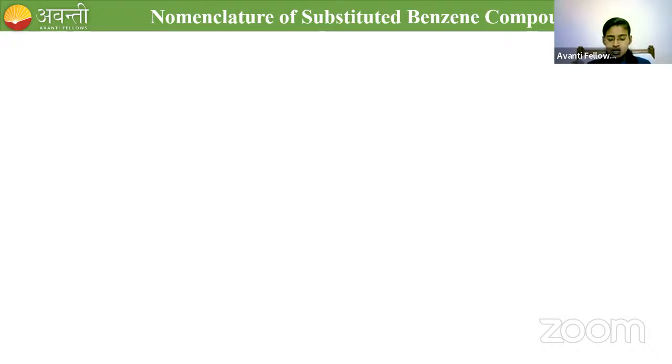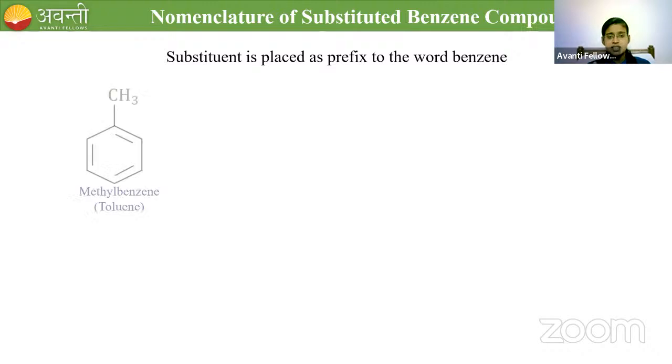Now the substituent is placed as a prefix to the word benzene. This is the rule you are going to follow to name the aromatic compounds. If I have CH3 as a substituent in the benzene, I keep that CH3, called methyl, as a prefix to the word benzene.